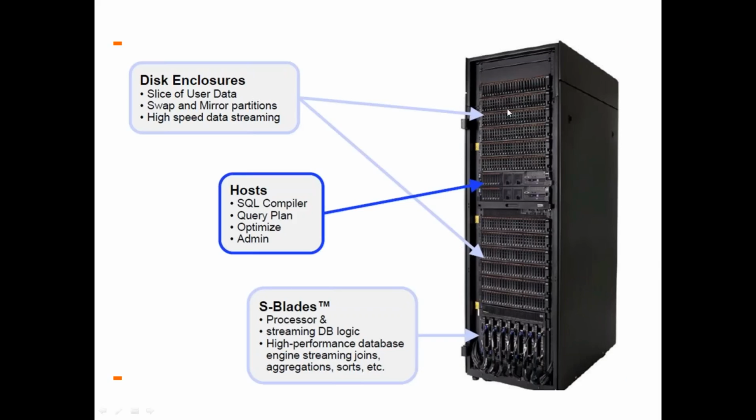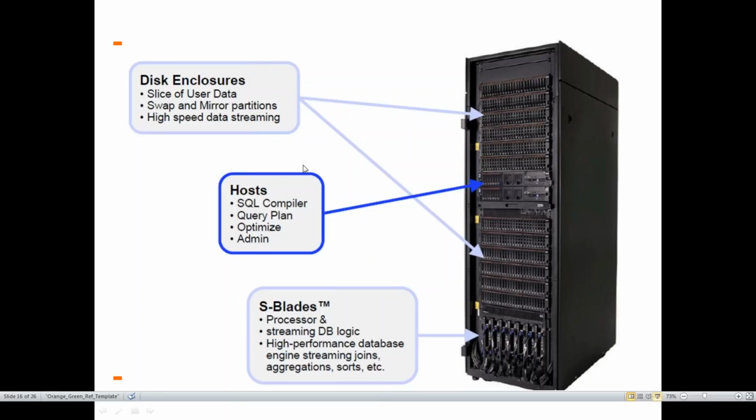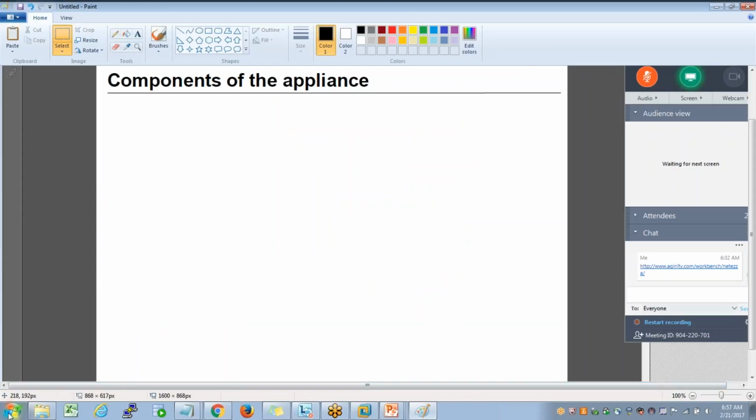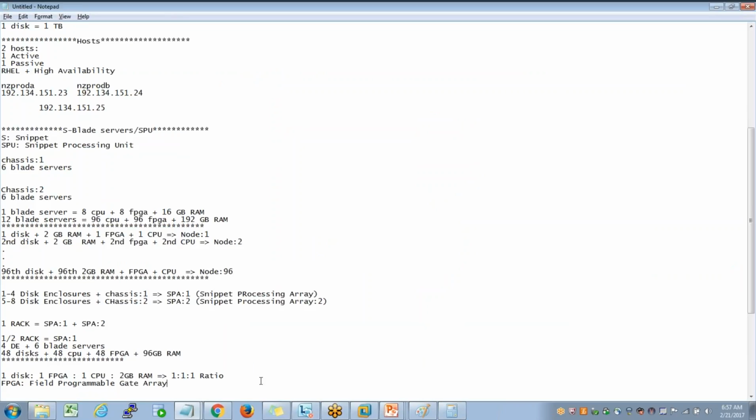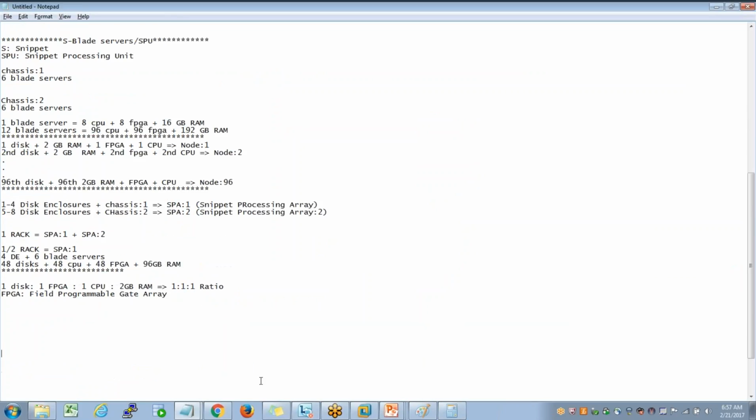I think now instead of 12, they got 24 disks. 6 here and 6 here. Each one got 24 disks instead of 12. So each disk enclosure is 24 disks.